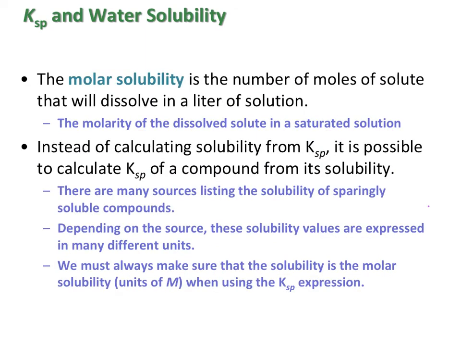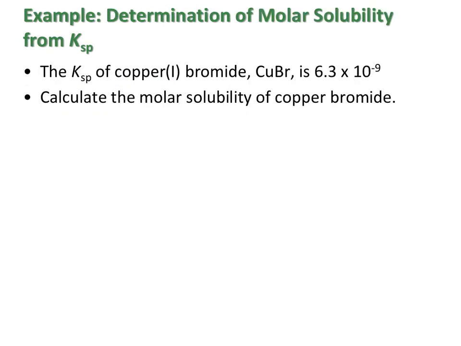So basically anytime you see molar solubility, it's just the concentration of the ions in solution after it has reached complete equilibrium. So whatever concentrations for the ions, those are also considered the molar solubilities. So here we are now going to go from the Ksp to molar solubilities.